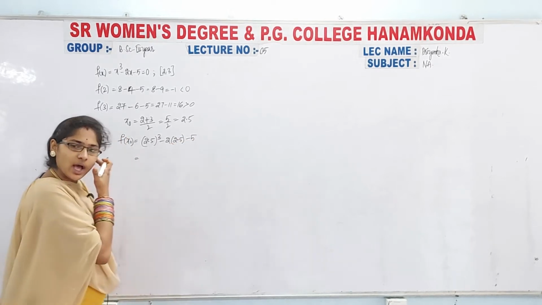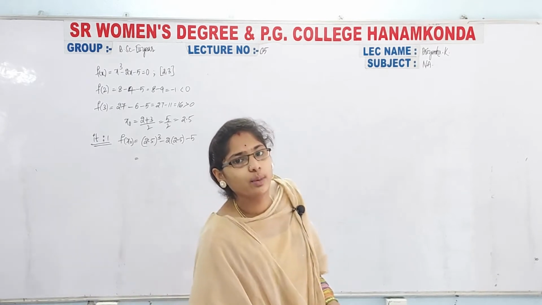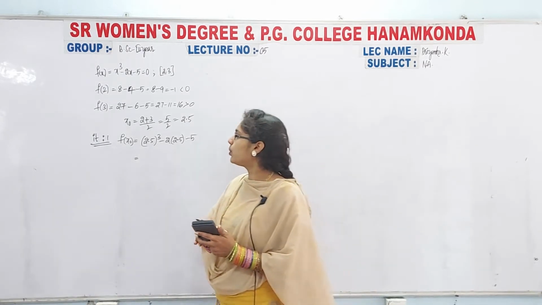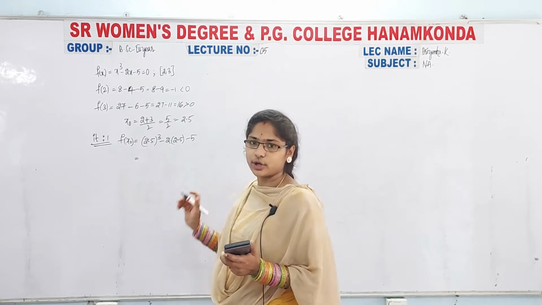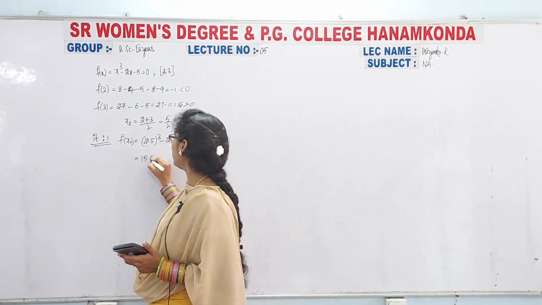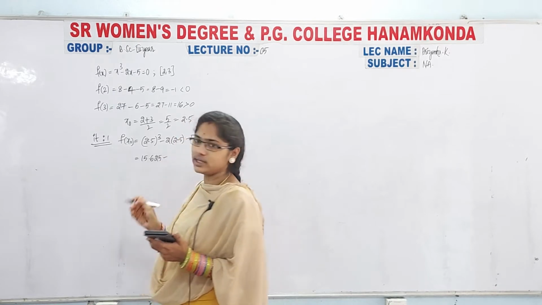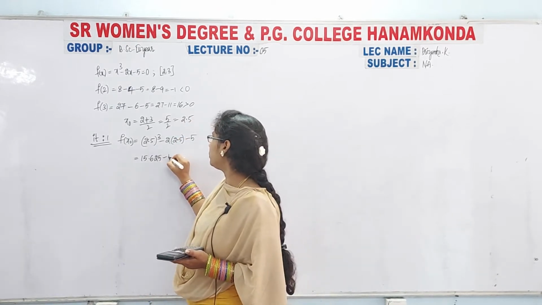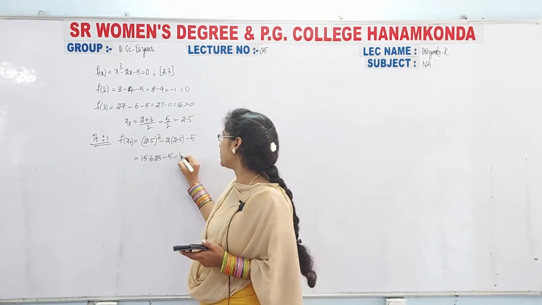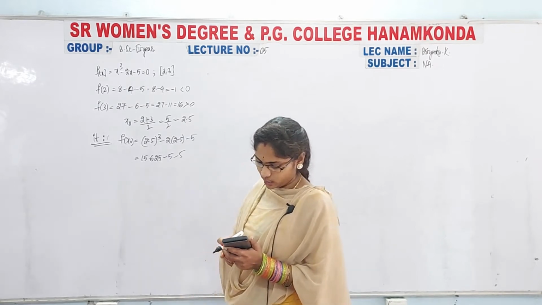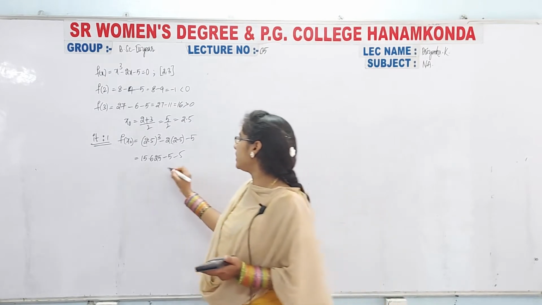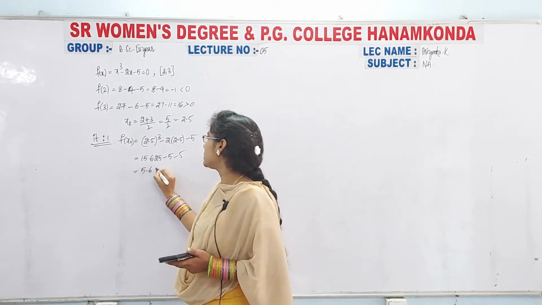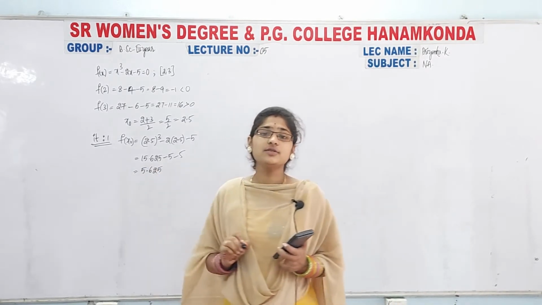Here, of course, we have to take the help of the calculator. 2.5 whole cube, directly I am calculating, it is 15.625 minus, 2.5 into 2 means 5, and next minus 5. Now 15.625 minus 10. Obviously we get 5.625. Is it positive or negative?